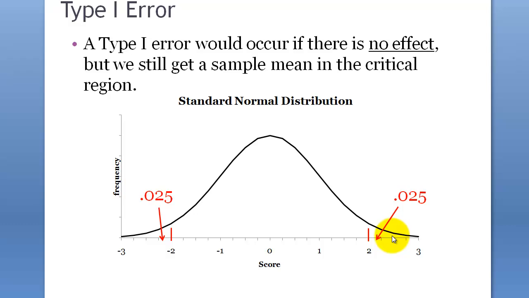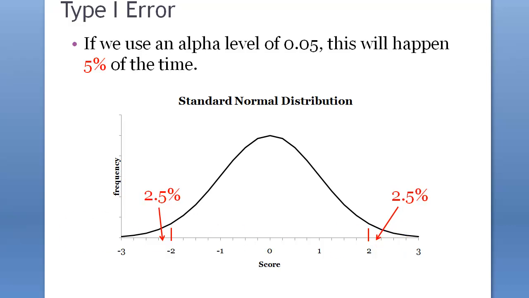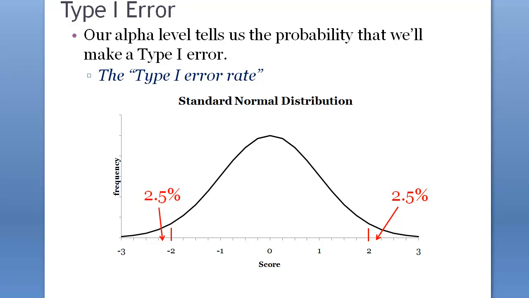If we use an alpha level of 0.05, this will happen 5% of the time, because we're rejecting the null hypothesis 5% of the time, and the probability that we do that when it's actually true is 5%. So our alpha level tells us the probability that we'll make a type 1 error.